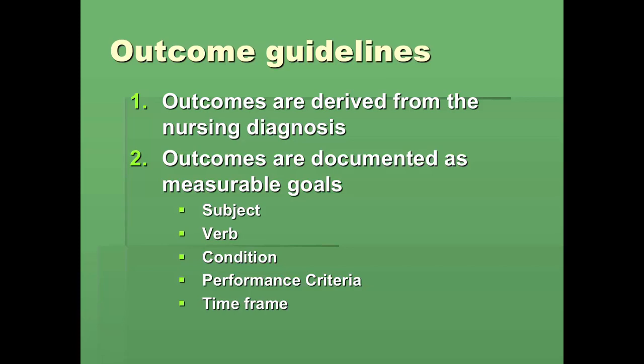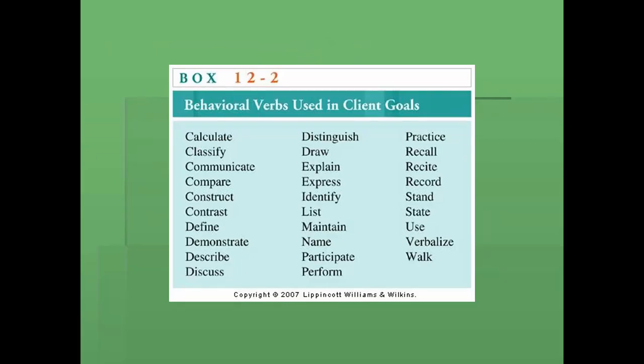Outcomes need to be documented as measurable goals. The subject of the outcome is always the client. The verb should be an action verb, and on the next slide I will advance forward and show you some good behavioral verbs that can be used in setting client goals.